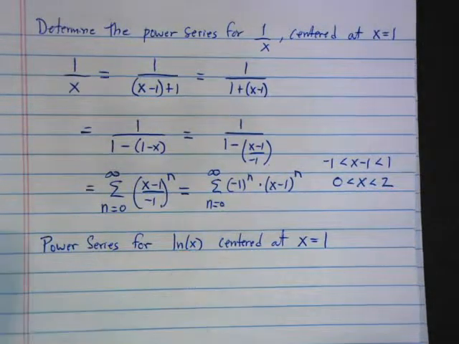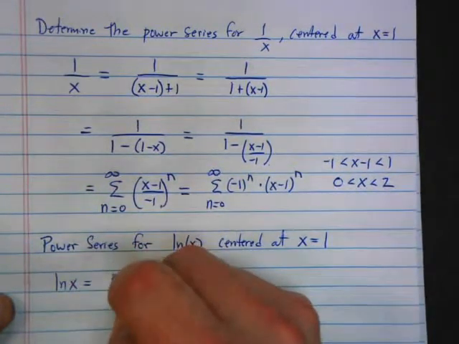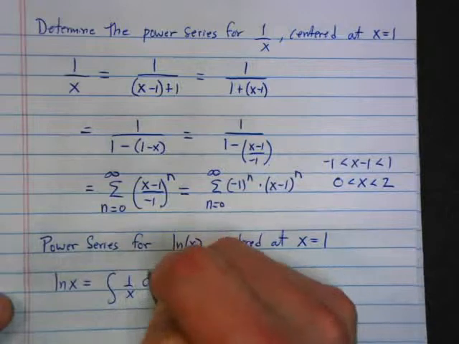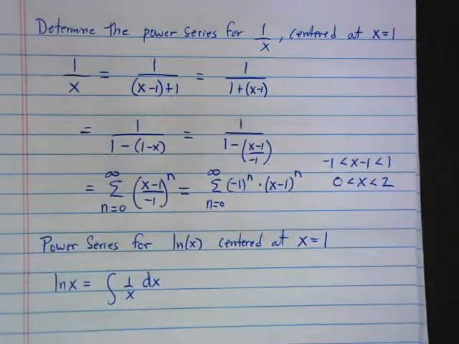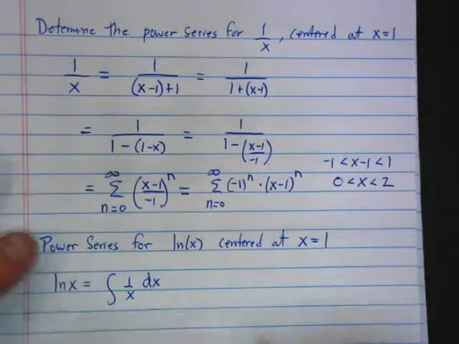Integrate. So we know that ln of x is the integral of 1 over x dx. And that's why I covered that little integration rule in section 9 point, whatever the previous section was. I forgot what number I'm on. 9.8, I think. So we integrate.